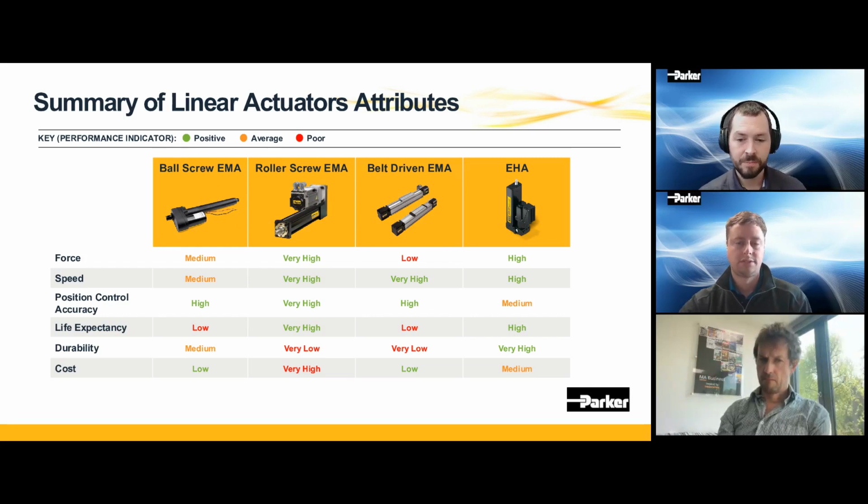There are some displacement measuring technologies for EHAs, but they're emerging or expensive or potentially hard to incorporate traditionally. So you can do position control, but the accuracy, due to that hydraulic nature between the motor and the cylinder, has more variability.